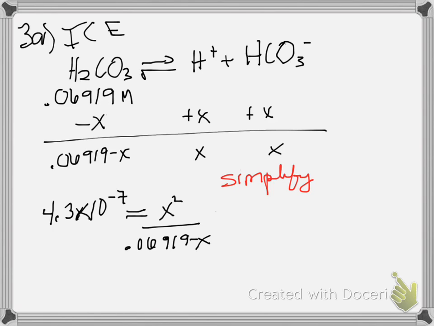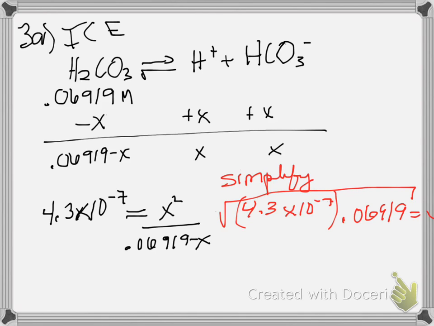So to solve this algebra, I'm going to go 4.3 times 10 to the negative 7 times 0.06919, and that's going to equal x squared, so I'm going to square root all of that, and it equals x.